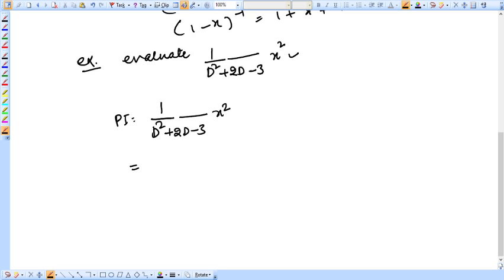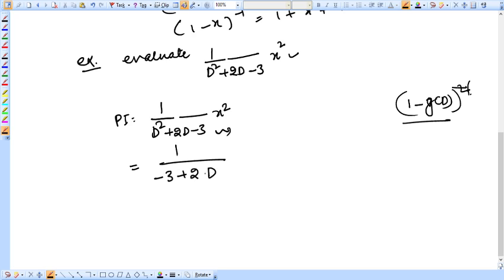Firstly, as I told you, we are going to change this operator into this form. For that we will have to write this operator in ascending powers of d. So write this as minus 3 plus 2D plus D square, x square.